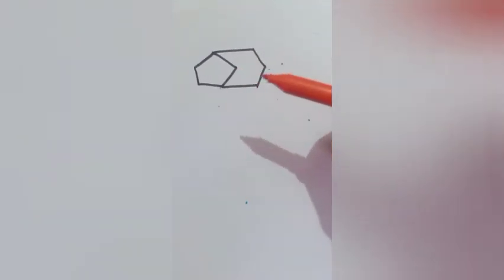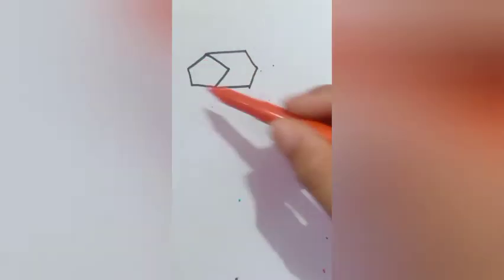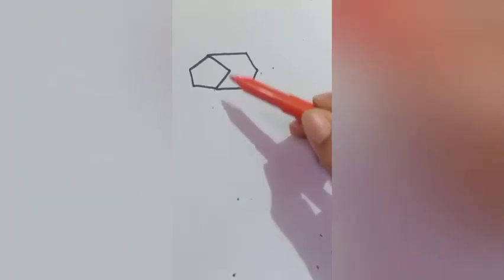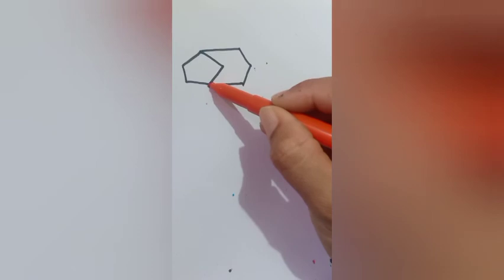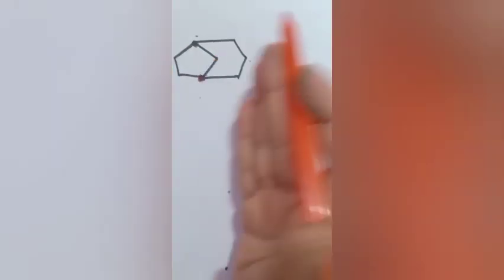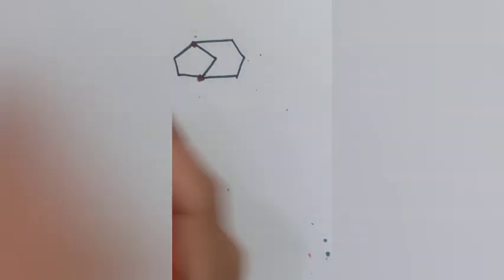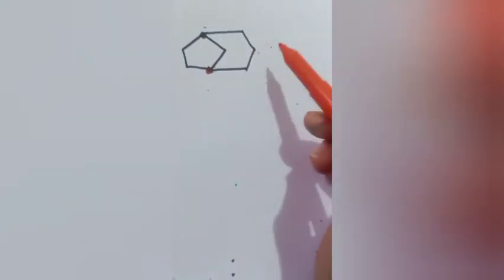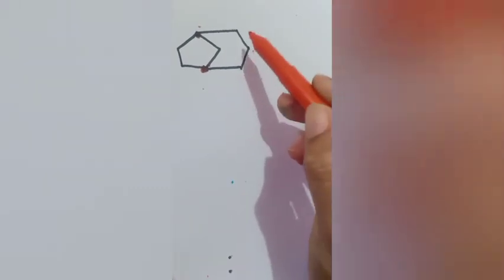See, here is another example I have taken. This is an unsymmetrical compound. For this compound we have to identify the bridgehead carbon atoms. Here 1 and here 2. From the right side and from the left side, how many carbon atoms are there? Here there are 2 carbon atoms, and here there are 1, 2, 3 carbon atoms.